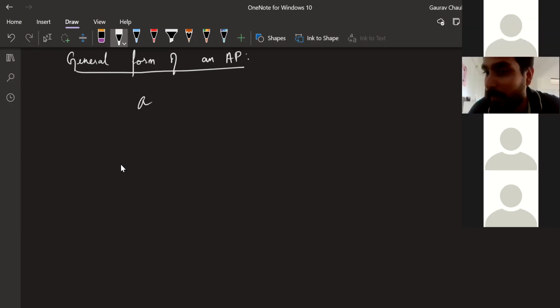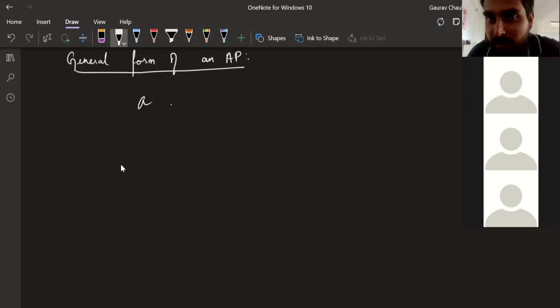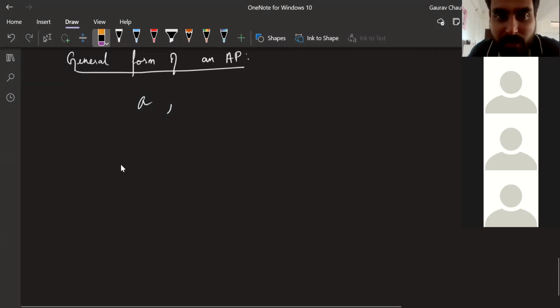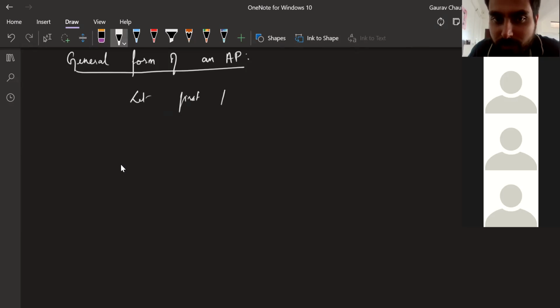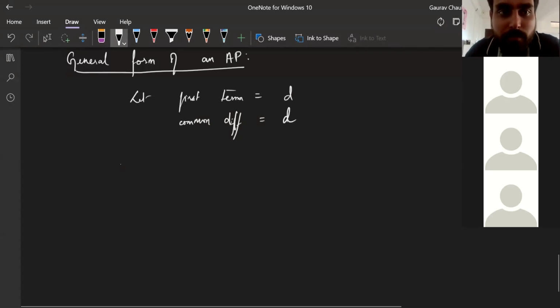We always write a. Suppose the common difference is d. We can write like this: let first term be equal to a and common difference be equal to d.